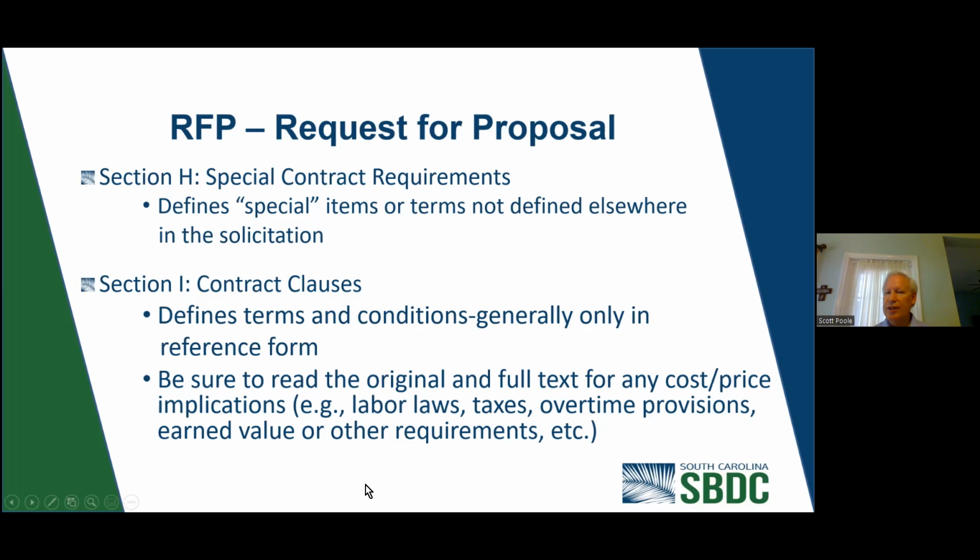Is this a contract subject to the Service Contract Act? You might think you could get a person for maybe $30 an hour, but under the Service Contract Act, you might have to pay at least $40 an hour. So there are certain things you have to add, and you need to know specifically what these contract clauses are stating.